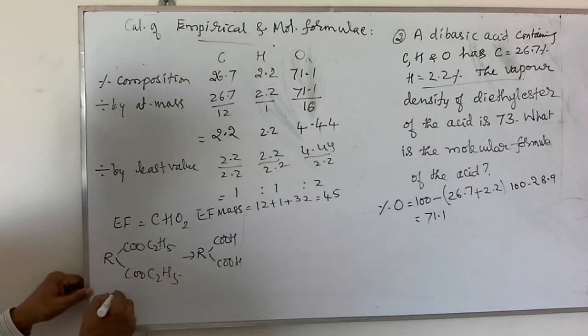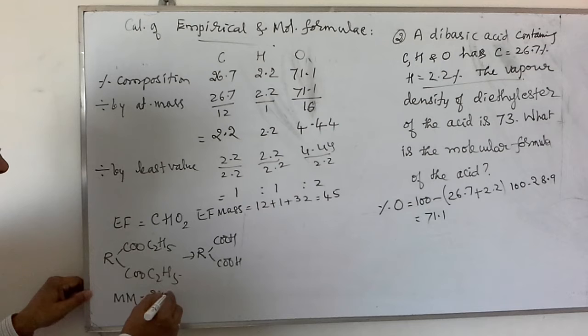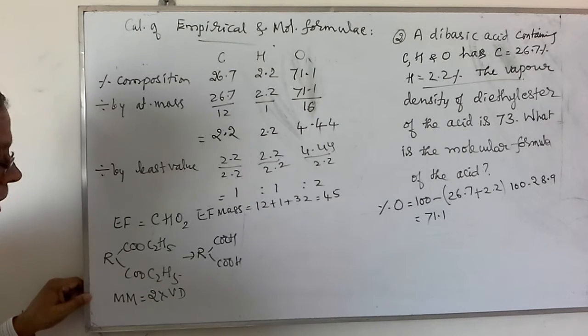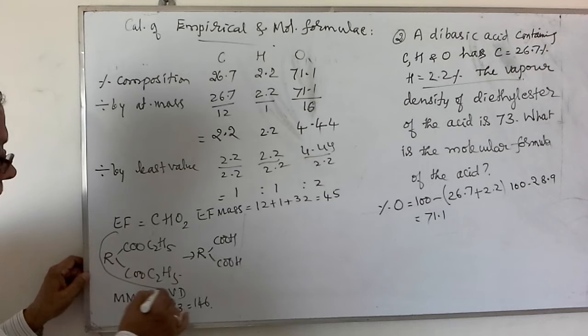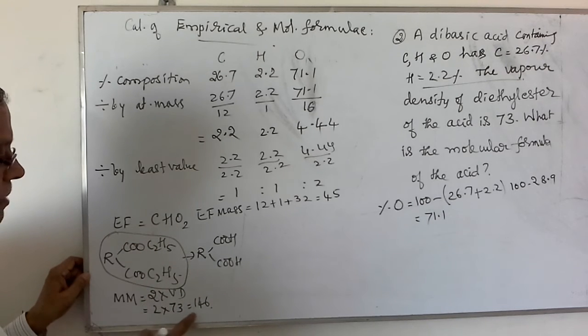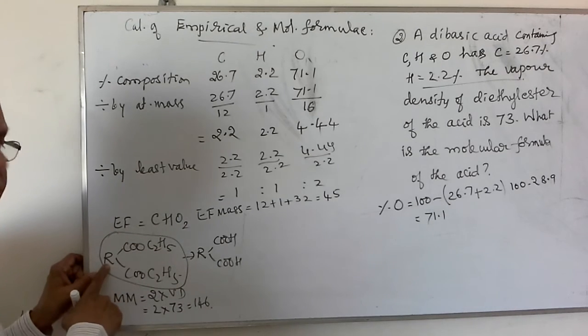But first they have given the vapor density, therefore molecular mass is equal to 2 times the vapor density. Vapor density is given as 73, therefore it is 146. The molecular mass of this diethyl ester is 146, where R may be any alkyl group.